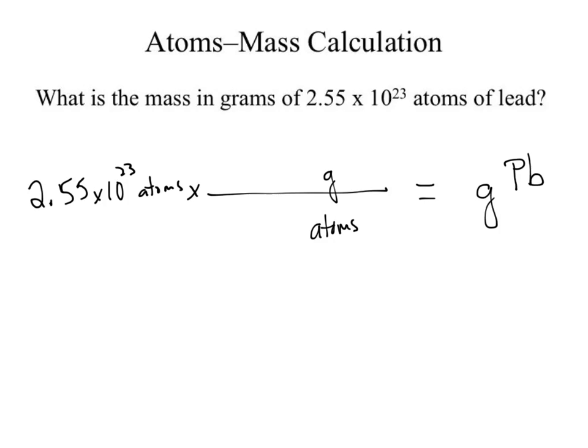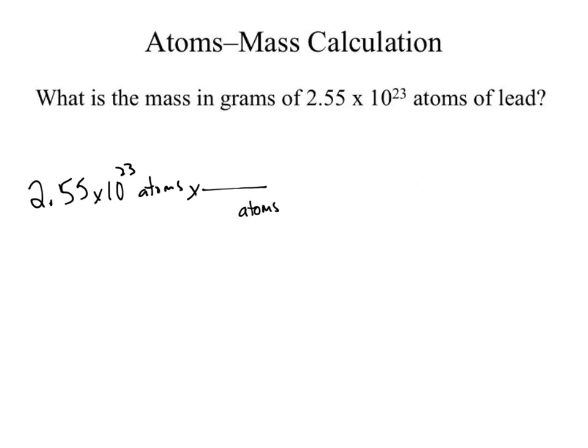No, we do not. What can we convert the atoms to? Anybody? No ideas? Let's convert it to moles. See if that takes us somewhere. If it doesn't take us anywhere, all we did was waste a little bit of time and go back and try again.